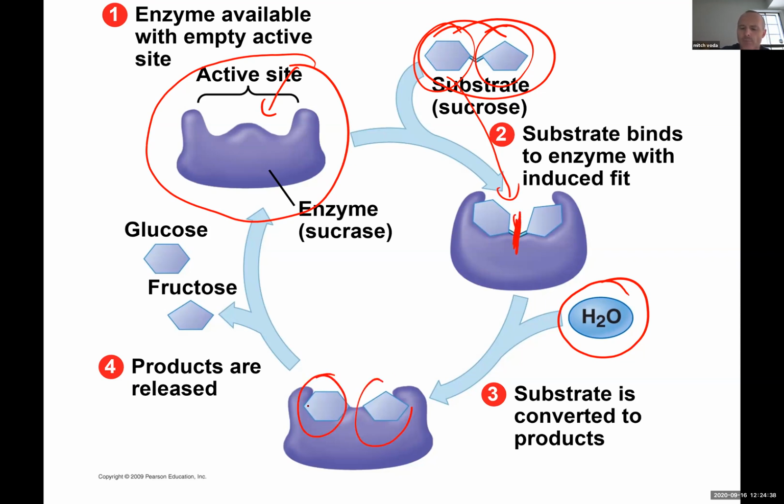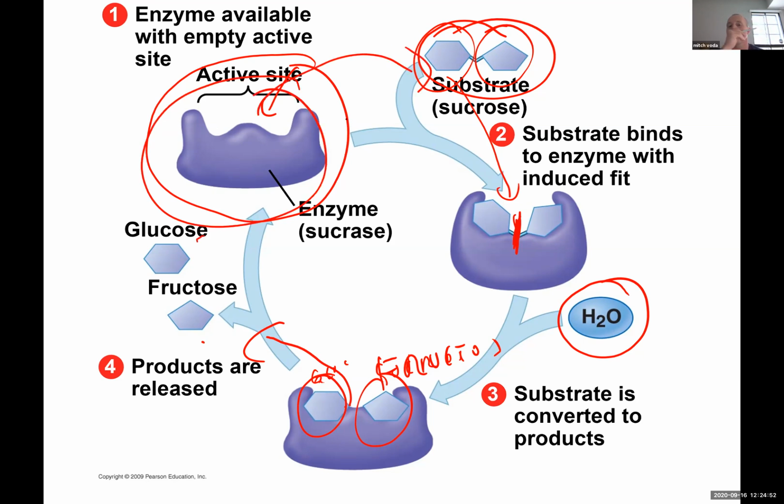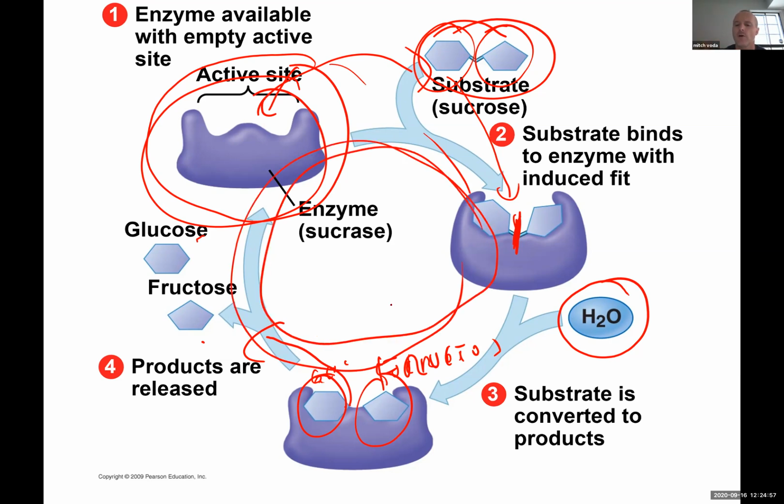Now you have these two products, glucose and fructose. Then they are kicked out, and the enzyme goes back and picks up a new substrate, and that's going to keep going as long as there is enough substrate available or you have enough product.